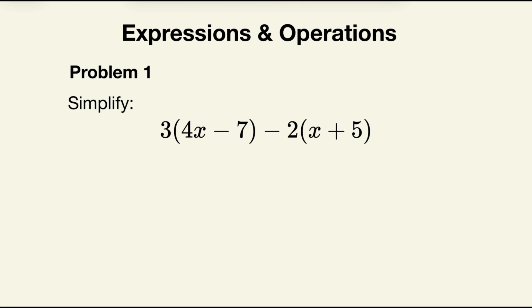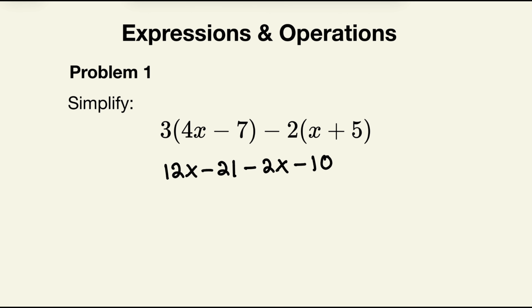3 times 4x is 12x. 3 times -7 is -21. -2 times x is -2x. And finally, -2 times +5 is -10.